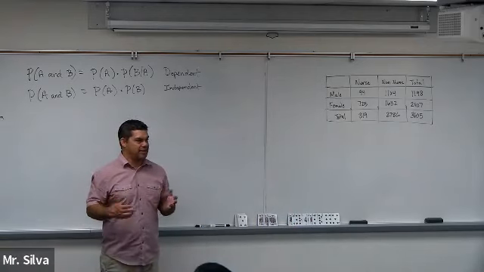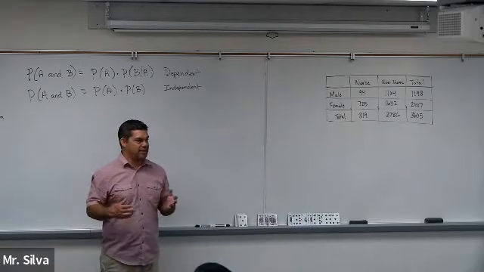If the probability of A given B equals the probability of A, the two events are independent. And if I switch the A's and B's around, the probability of B given A equals the probability of B, the two events are independent.